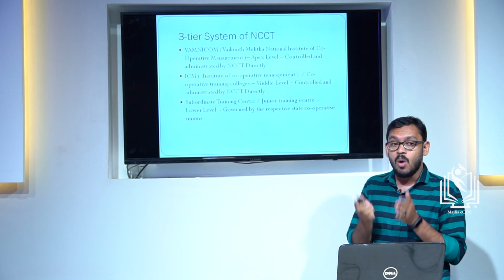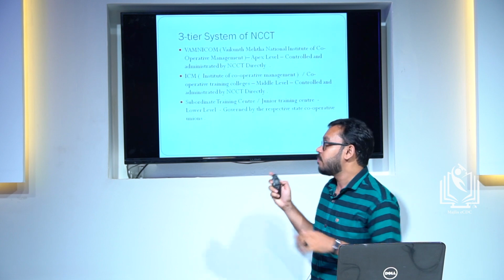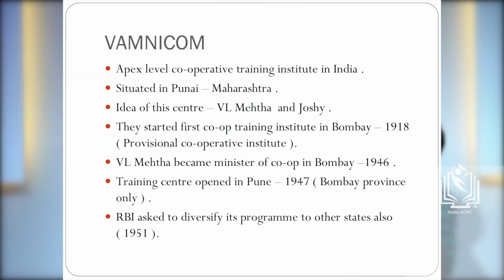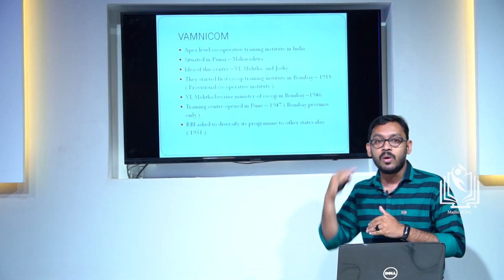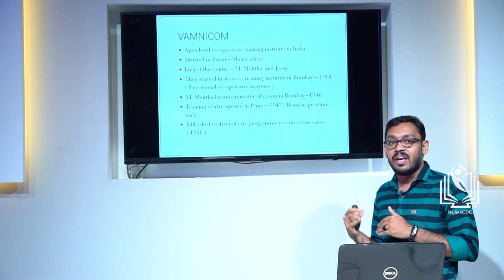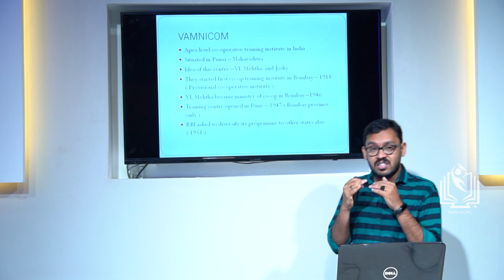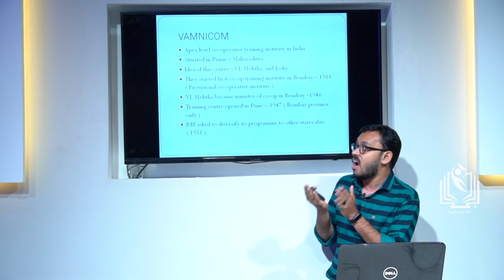So, let us see what the three tiers are. First one is VAMNICOM, that means Vaikunth Mehta National Institute of Cooperative Management. It is acting as the apex level cooperative training institute in India, and it is situated in Pune, Maharashtra.